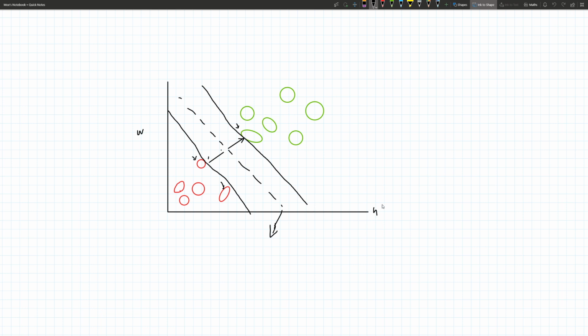If the data is more than two-dimensional, say three-dimensional like this, or four-dimensional, I don't know how to draw four-dimensional, it's called the hyperplane. You can refer to this as a decision boundary or a hyperplane, but it's usually talked about as a hyperplane in higher dimensions.